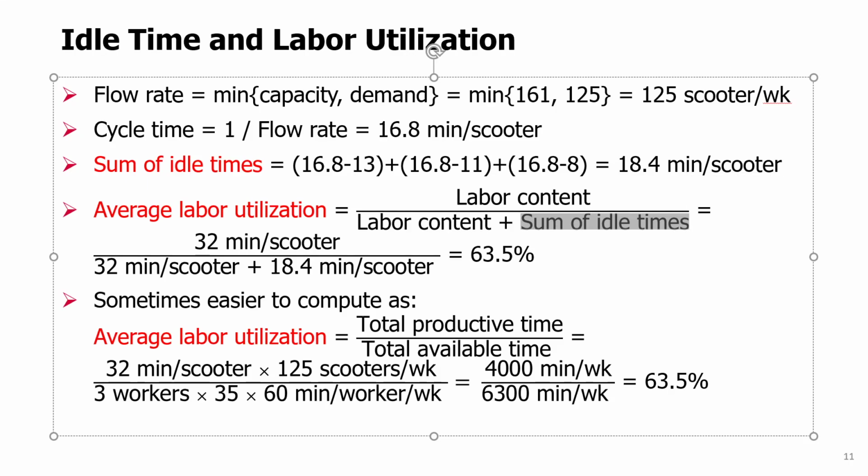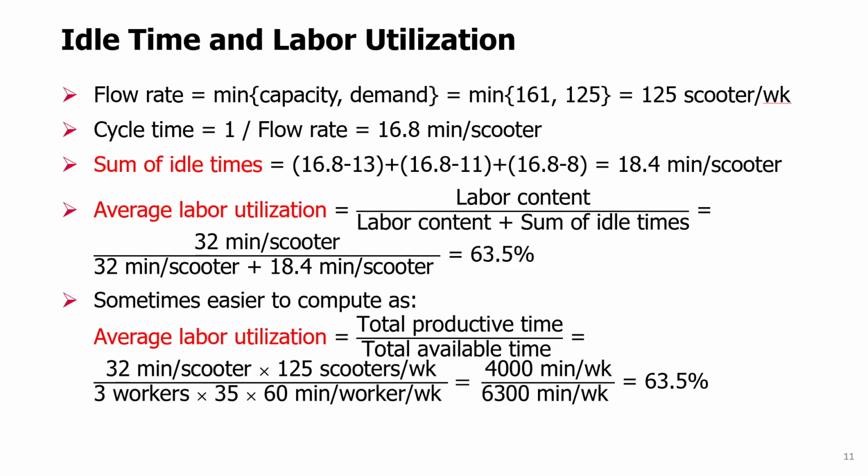Labor content was 32 minutes, which we calculated earlier as the sum of 13, 11, and 8. And here idle time is 18.4 minutes. So our average labor utilization is 63.5%.